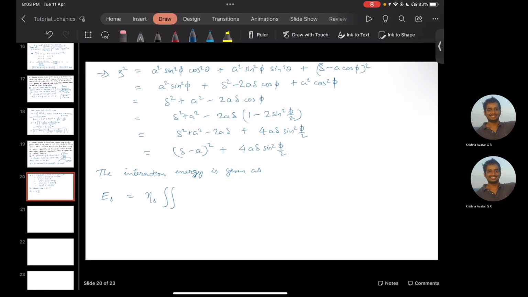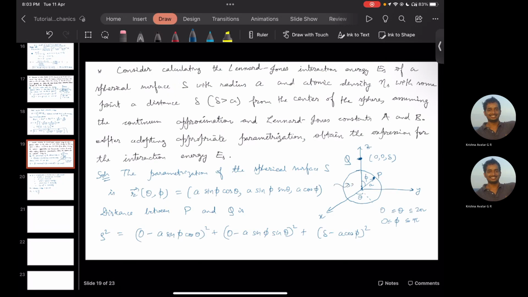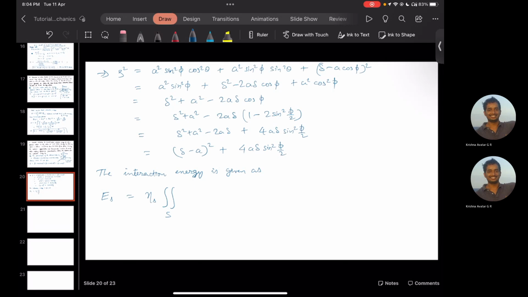This is a double integral over the surface S, and then we have from the Lennard-Jones, minus A by rho to the 6 plus B by rho to the power 12, into what? Into our dA, is it not? Now I'll ask, fine, but what about dA?